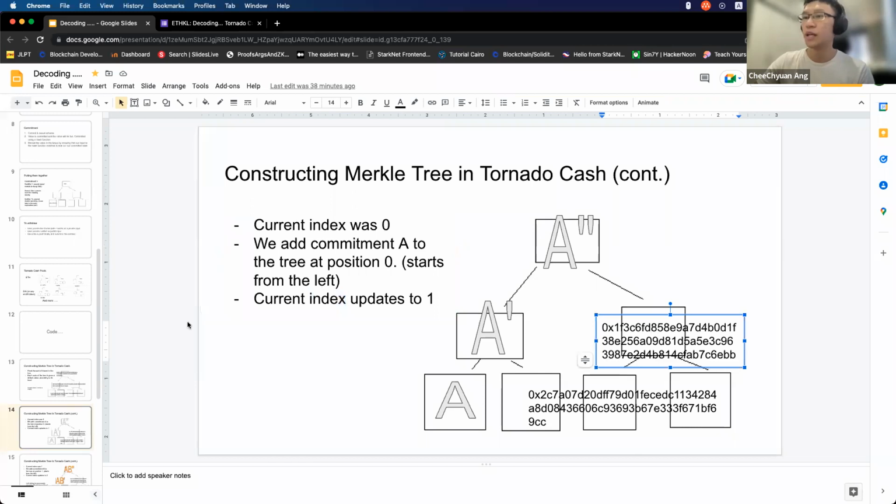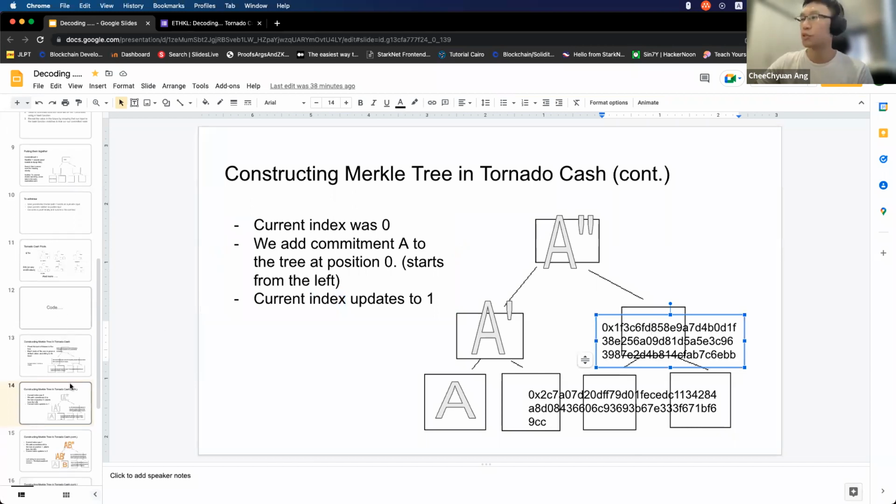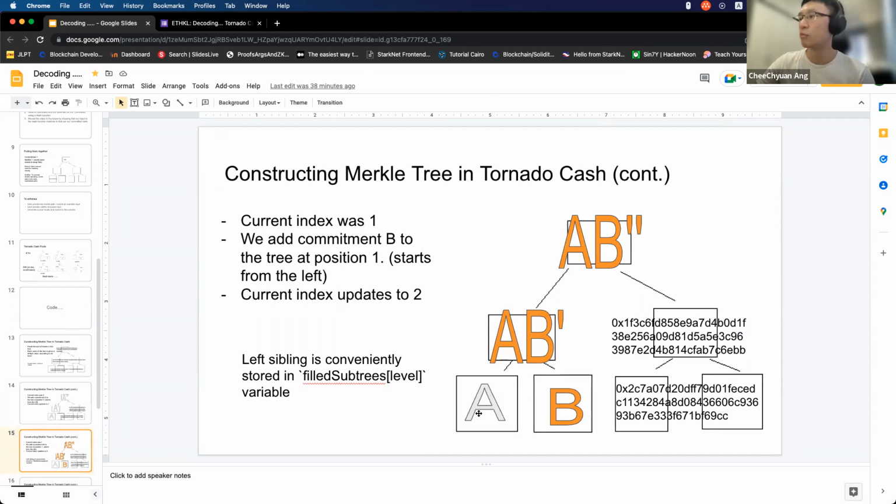What's going to happen next if we add another commitment to the tree? Notice that just now it was the leftmost node, and now it's the right node of this little branch. Now the index is 1, so we put B into the 1st position, and we update the index to 2.